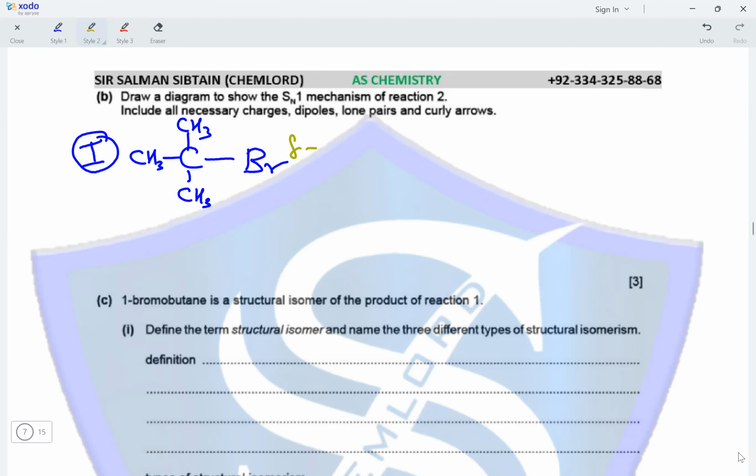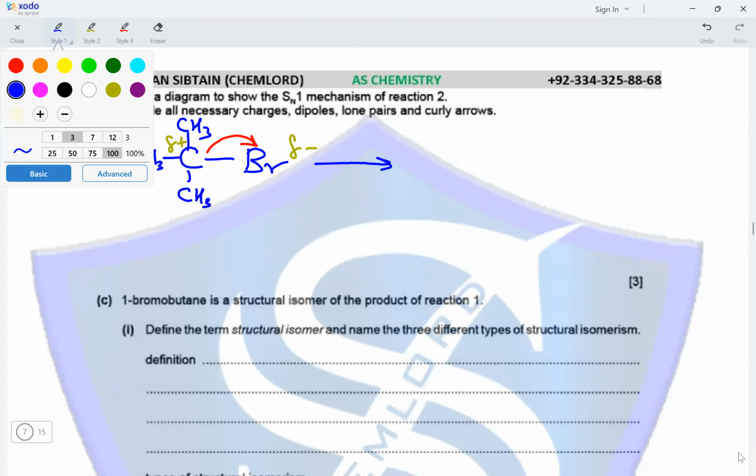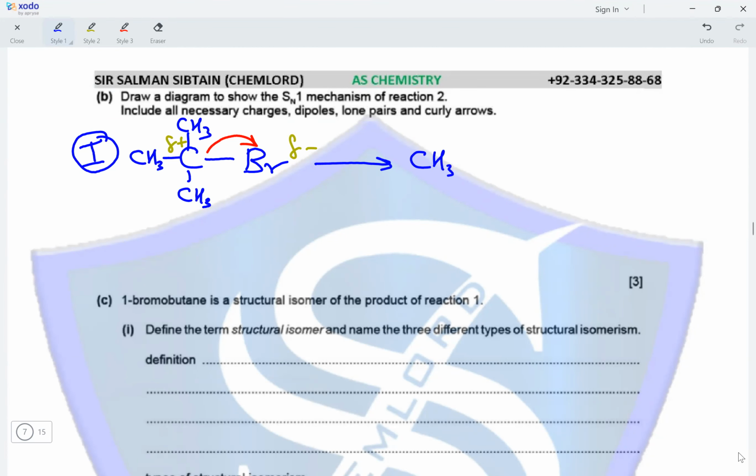Because the Br has a partial negative charge and carbon has a partial positive charge, this bond would break, resulting in the formation of a tertiary carbocation. So this would be CH3 bonded to carbon, which is bonded to two other CH3 groups with a positive charge on it. This is the tertiary carbocation that is formed, and we would have a Br negative ion removed.